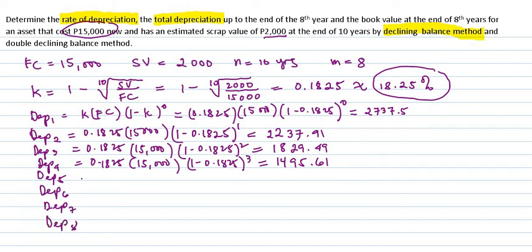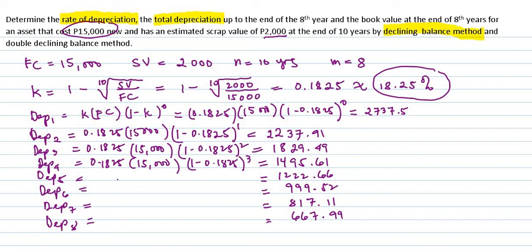Okay, so using the same process, I have here the equivalent for the fifth year depreciation, which is 1222.66, and then on the sixth year we have here 999.52, and then on the seventh year 817.11, and then on the eighth year, that is 667.99.